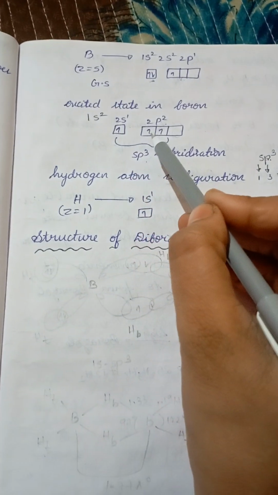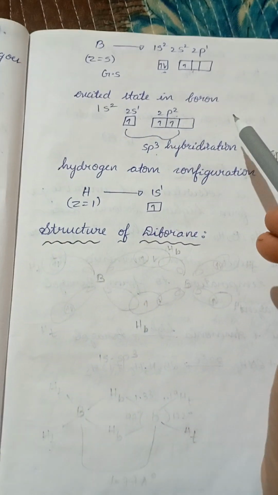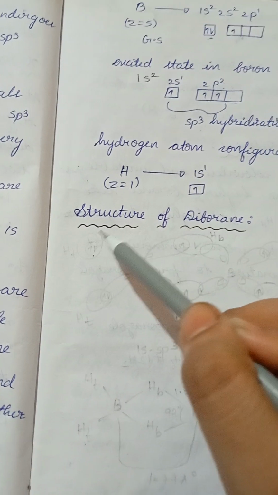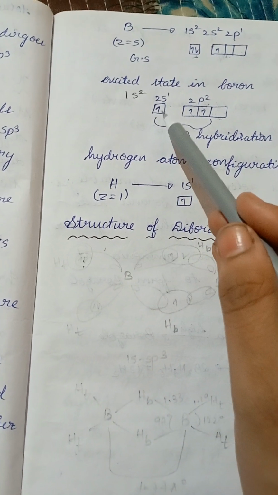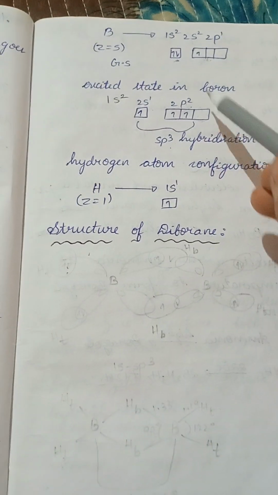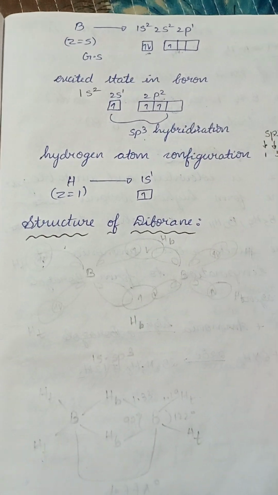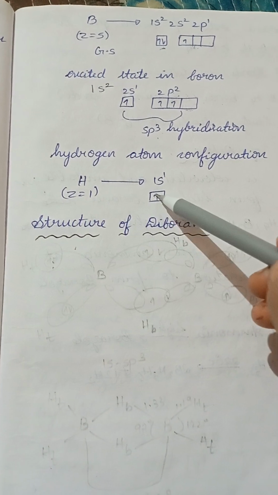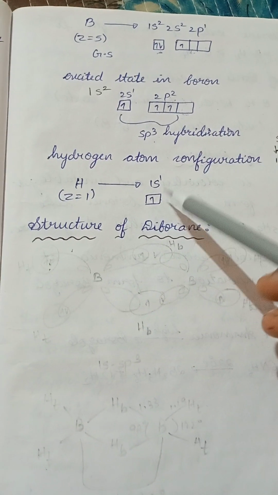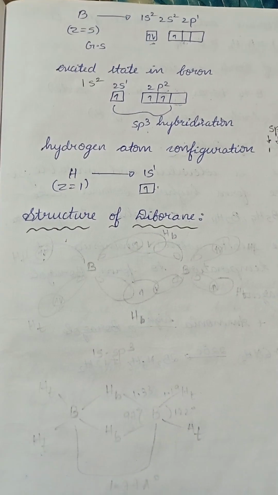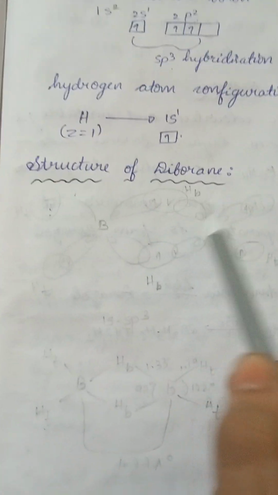And here these single electrons form bonds with hydrogen 1s orbital and form terminal bonds, and the remaining vacant orbital of one boron atom, 1s orbital of hydrogen atom and the single electron of another boron atom form the bridged bond.